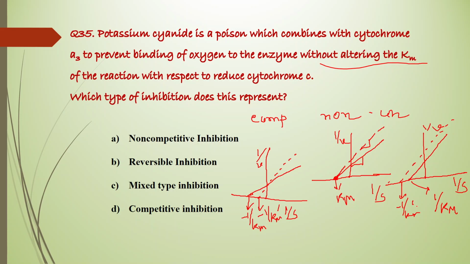Then you know only in the case of non-competitive inhibition we get the same Km values. And as the question stated already that the Km remains unaltered, that means the mechanism of the inhibition has to be non-competitive inhibition. Okay. So this was the question.